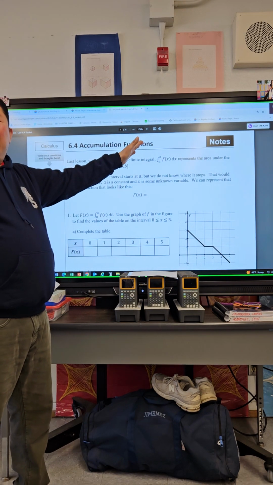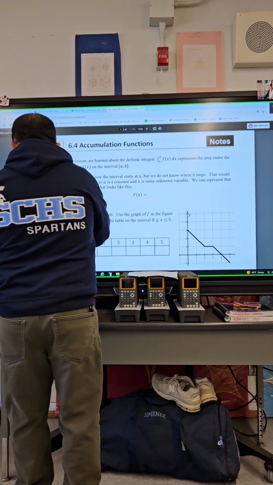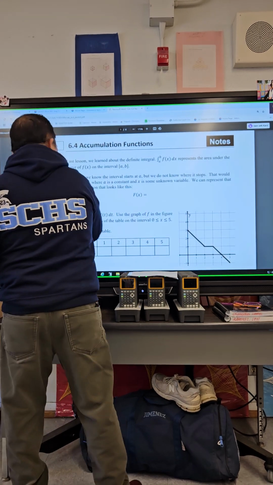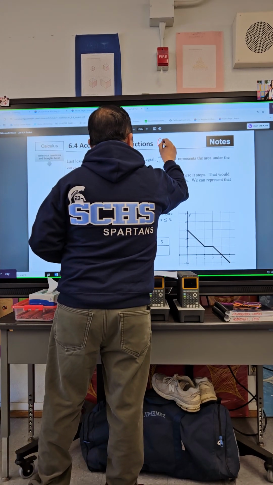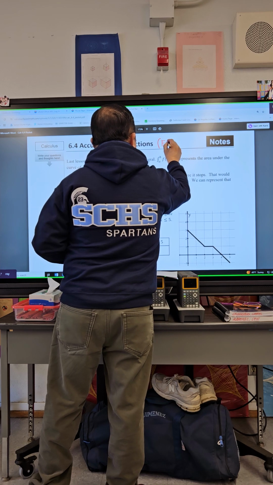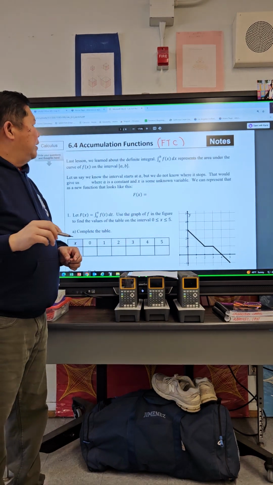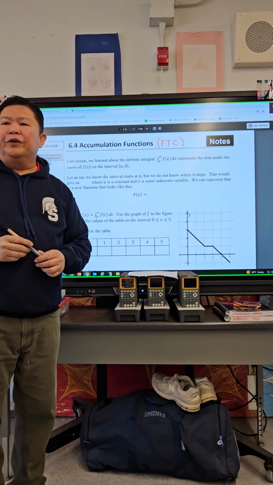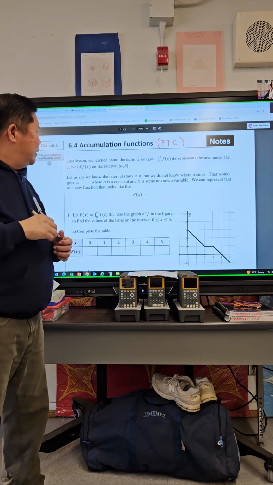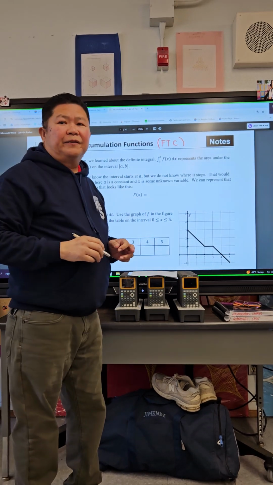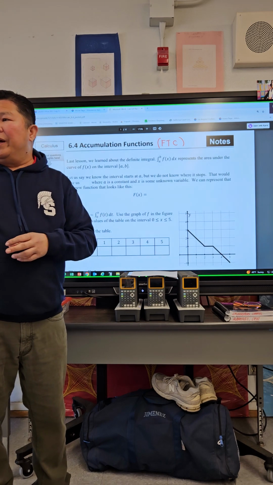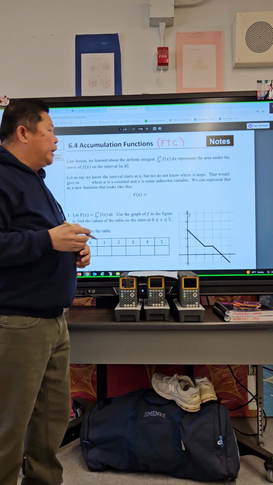Before that, can you write this in parentheses? FTC. So what do you mean by FTC? Fundamental Theorem of Calculus. So again, what is FTC? Fundamental Theorem of Calculus.